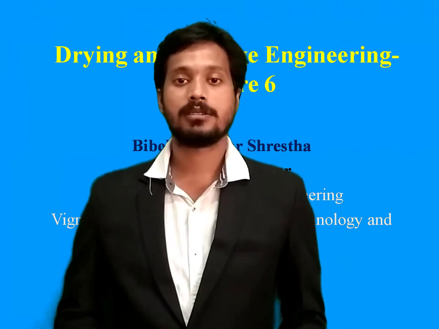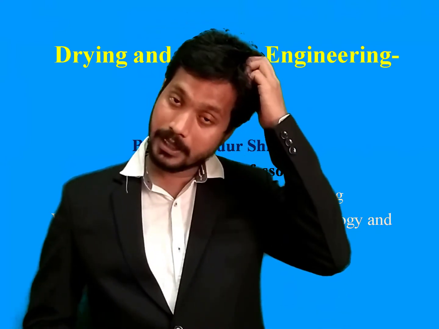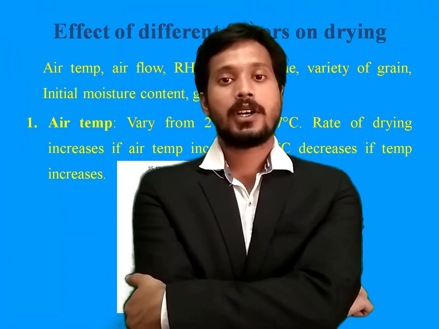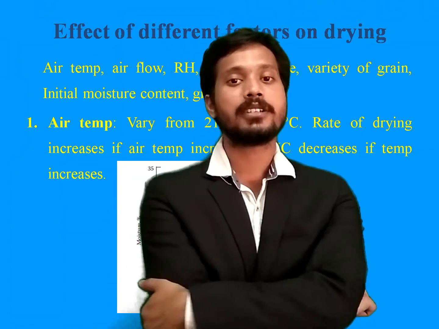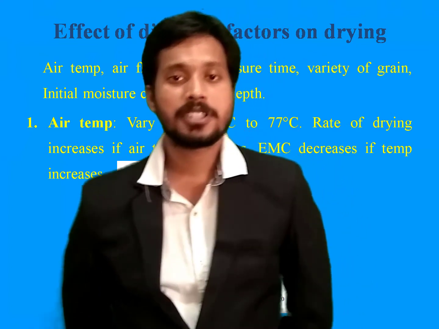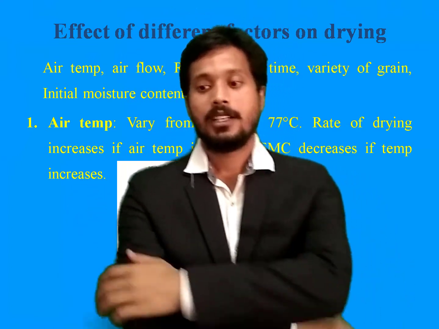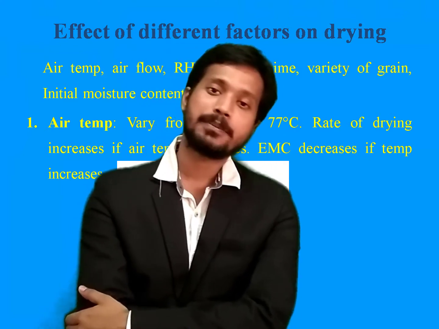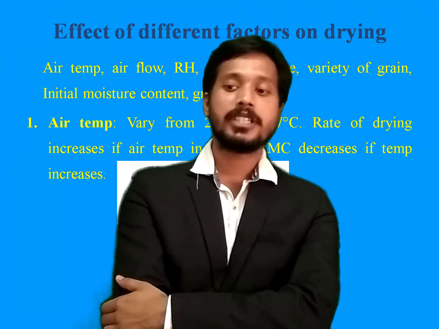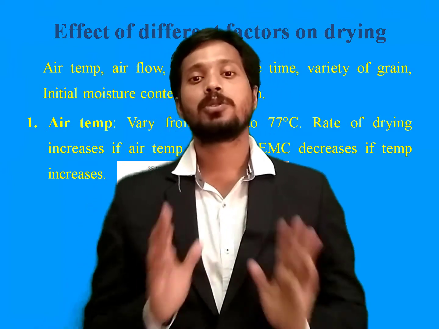So next, let's proceed further. Here we study the effect of different factors on drying. There are different factors which affect the drying process. That may be air temperature, air velocity, relative humidity of air, or the exposure time.